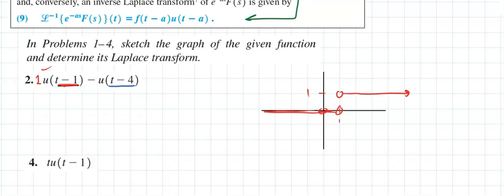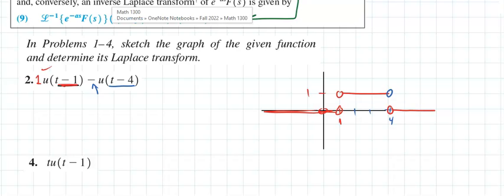But this system at 4 turns on, and since there's a negative 1 in front of it, it takes this and subtracts 1 from it. So this system runs only between 1 and 4 seconds. In 1 second you turn the switch on, and in 4 seconds you turn the switch off.